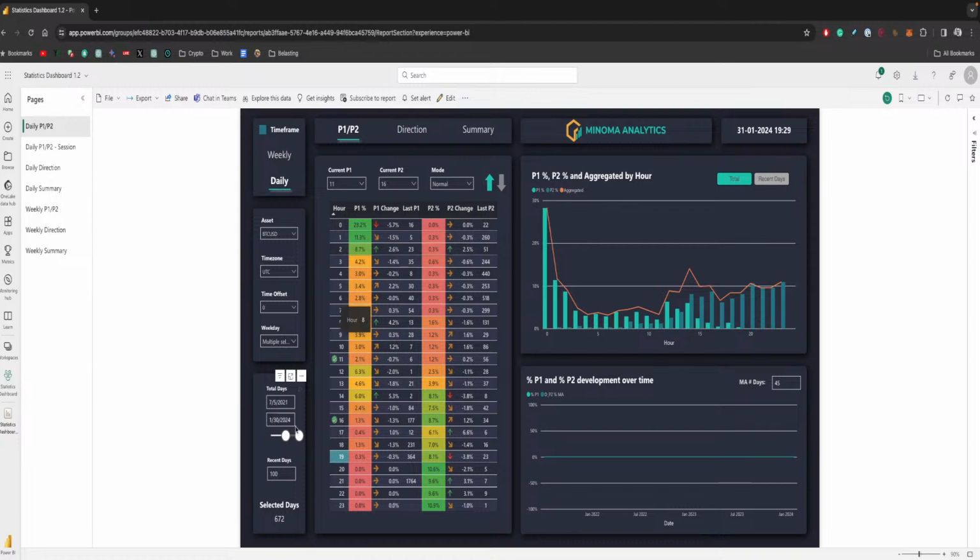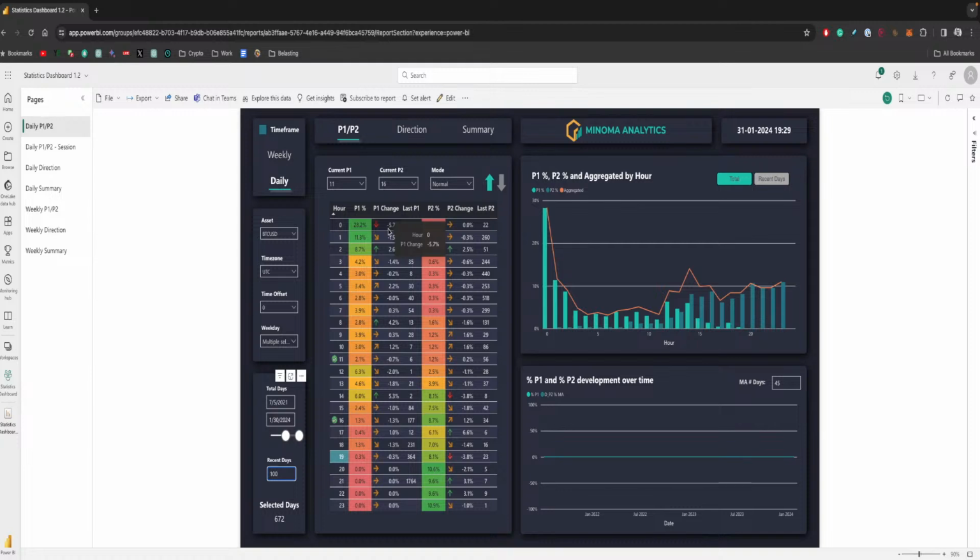This is based on the recent days. What I have here is basically I say, look at the last 100 days, how much P1 was put in at hour 0 in this case, and then see what the difference was with this. So in the last 100 days, it happened 5.7% less than 28.2%.